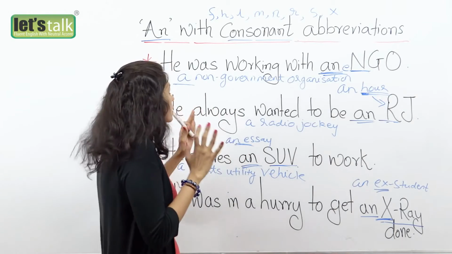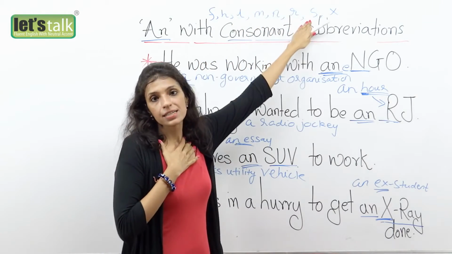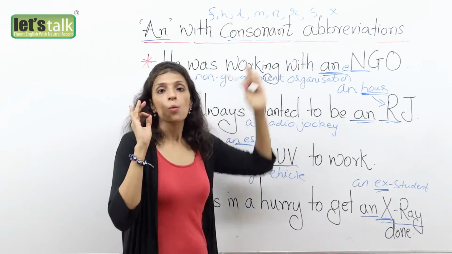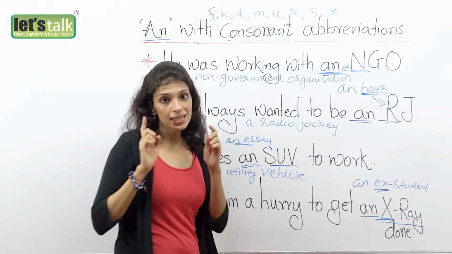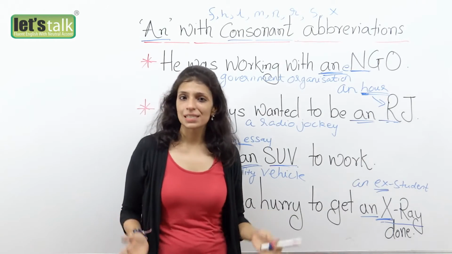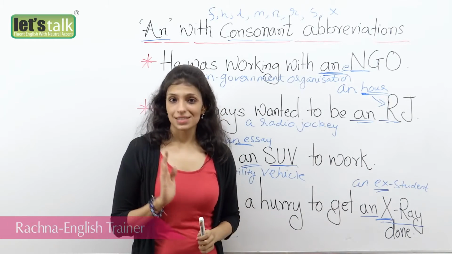So don't learn it by heart that these are the 8 letters. Understand why we use an when they are in the abbreviated forms, only in the abbreviations. The reason being simple, they take a vowel sound.